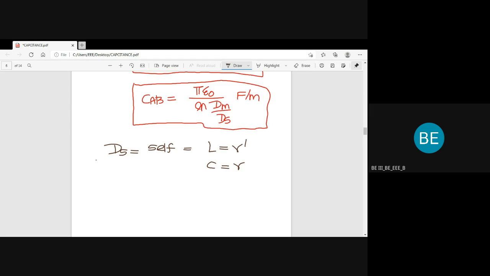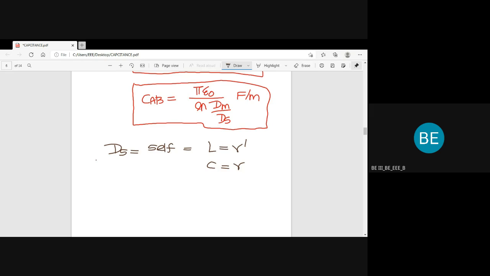In inductance problems, for calculating ds, we have found R dash. In capacitance, we are not using R dash, we are going to use only R. In simple words, if we replace R dash by R in the inductance calculation, that will be equal to the capacitance calculation. So that is the difference between the calculation of ds in inductance as well as capacitance, right?